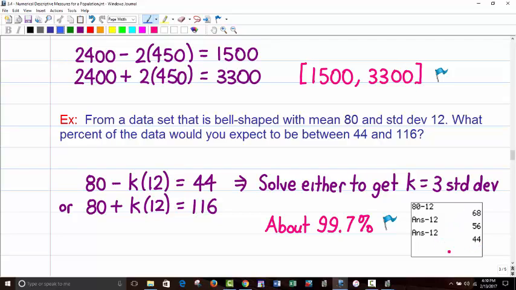So it took me 3 times to subtract 12 to get to the number I was looking for, 44. So therefore that meant the number was 3. So you can do it that way or do it algebraically, but then once you know the answer is 3, that goes back up to the rules for 1, 2, and 3. The rule for 3 is 99.7%.